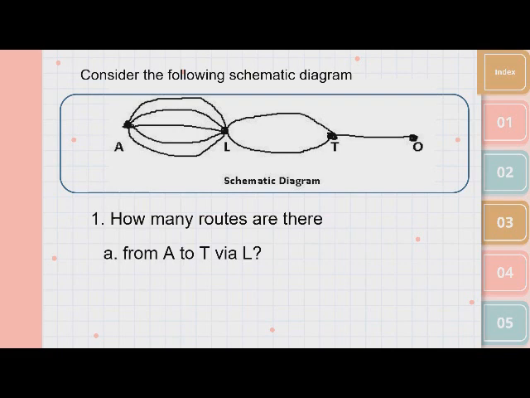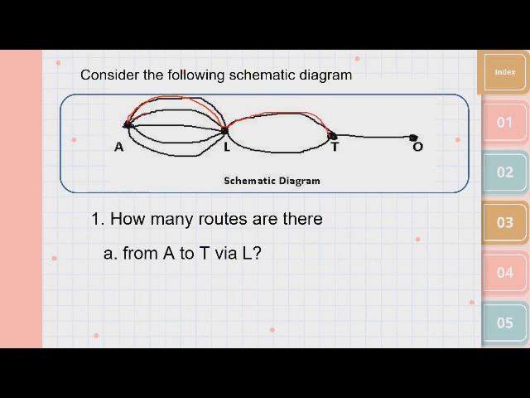From this point, we have point A going to T via L. Let me guide you. We can have this one, A, L, and then you can arrive at T. That is one count.